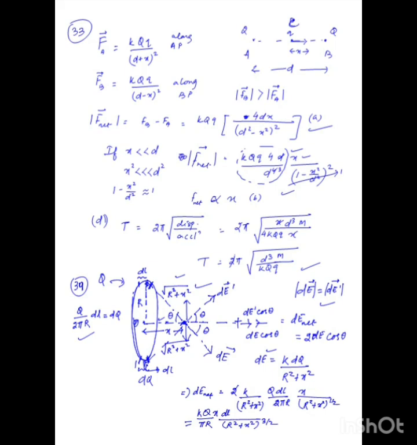The integration is obviously going to be along the semicircle or semi-circumference, because the total circumference will be covered when we take one of those dl elements and take it halfway down, and the dl element at the other, diametrically opposite end, and we take it up halfway. So in both of those cases, this dl is integrated along this direction, and that bottom dl is integrated along that direction.